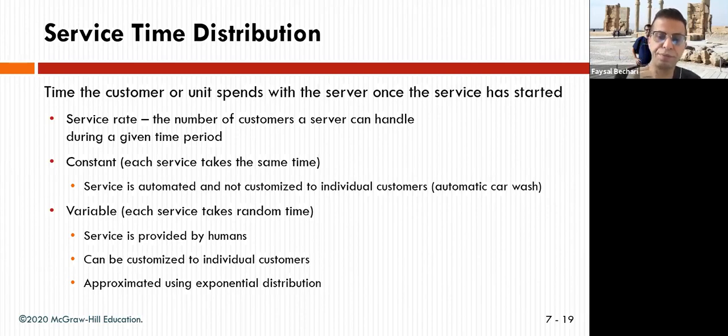Or it could be like a car wash machine, or it could be variable, where each time it takes a random time. Services provided by humans, like lawyers or doctors, can be customized to individual customers, and this could vary from half an hour to 5 or 6 hours. You don't know how long it takes, so you need to take this into consideration when you do service timing.